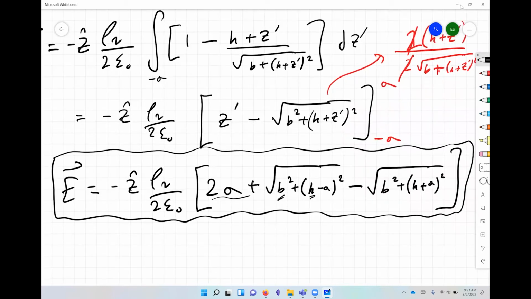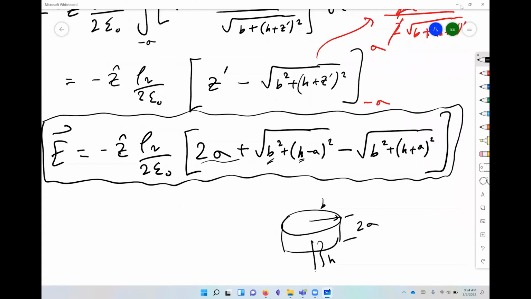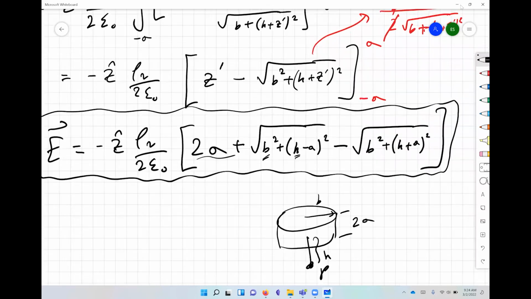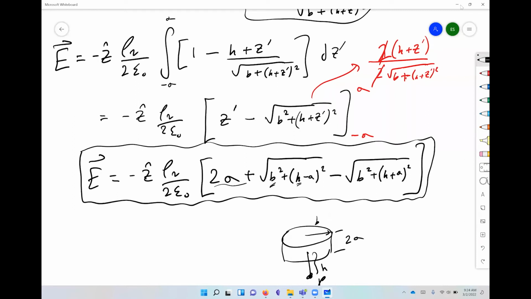If you have a cloud approximated to be a cylinder, and you go a distance h below the center of the cloud, and the cloud has radius B and height 2A, then the normal field at that point is going to be this expression. Pretty nifty what you can do if you approximate things to be symmetrical geometrical objects.